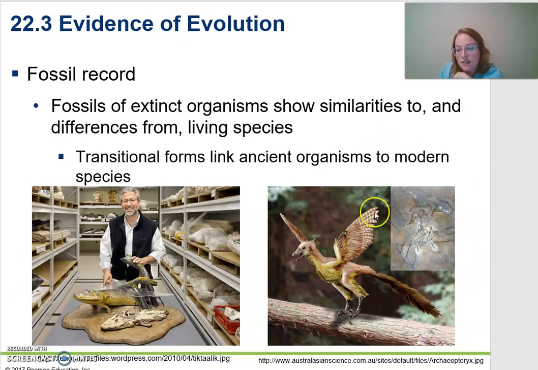This one over here is Archaeopteryx. It's like a dinosaur, bird, reptile. It's got the skeletal structures of a reptile, but the feathers of a bird. Birds are also categorized as reptiles. It's got these claws as well. There's some cool birds today that have those too.